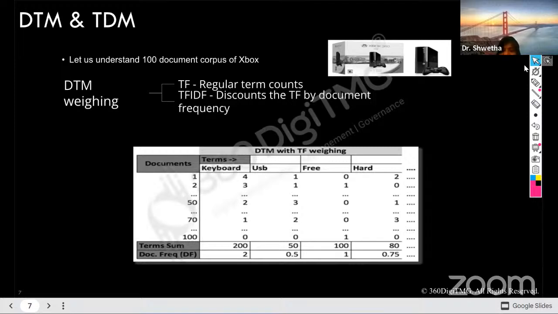The term frequency inverse document frequency value increases proportionally to the number of times a word appears in the document, but is offset by the frequency of the word in the corpus, which helps to adjust for the fact that some words appear more frequently in general.